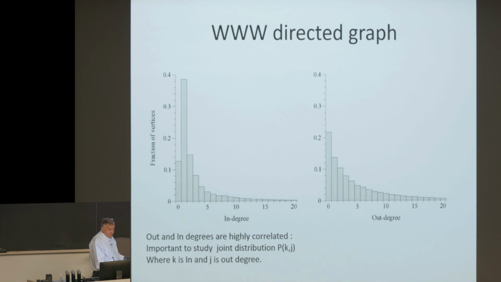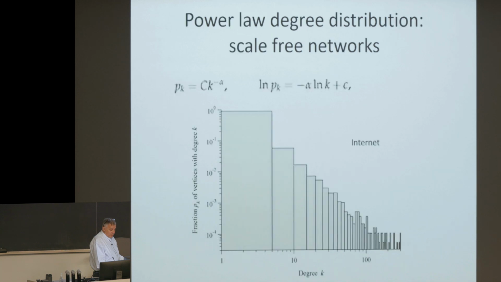But here you can see it's decreasing very slowly. And moreover, if you represent this as a double log plot, so you put a logarithmic scale on the y-axis and a logarithmic scale on the x-axis, you can see that the histogram becomes approximately a straight line. And the slope of this line is nothing but the power of this distribution.